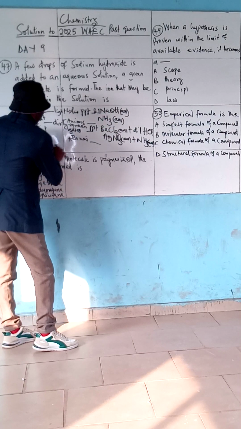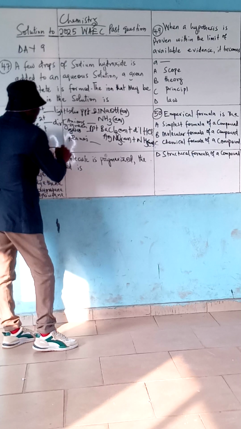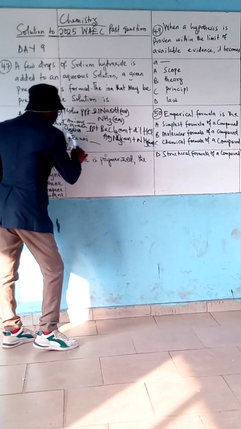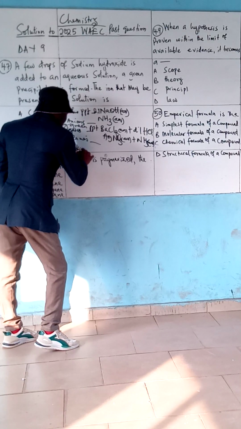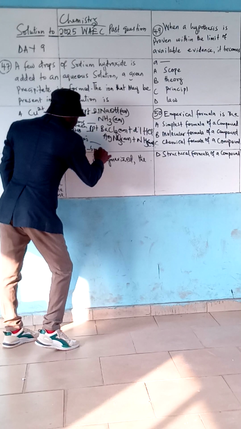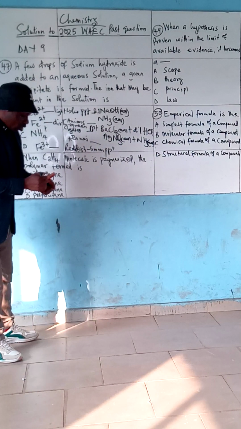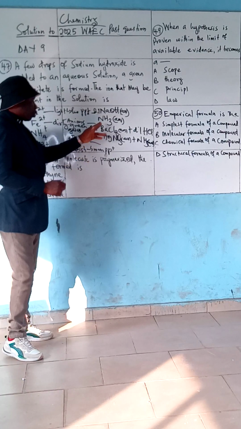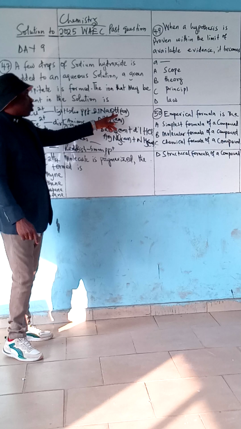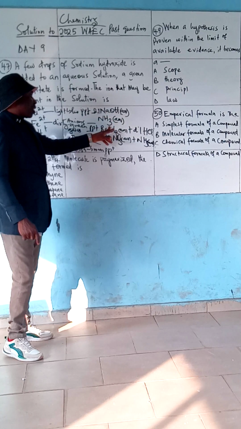And any salt that contains iron-3 will always show reddish brown gelatinous precipitate. Both are also insoluble in excess sodium hydroxide and excess of what?